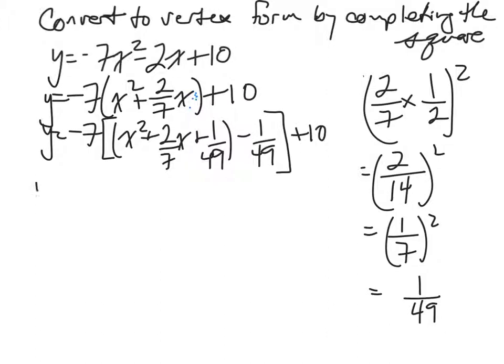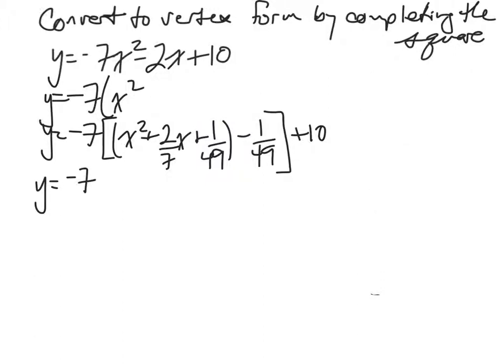Next thing I'm going to do is say y equals negative 7, and let's clean up, let's move 1 over 49 out, and I'm going to do a little bit of erasing here, and see what we can move out of the way so we can have a bit more workspace. I wonder if I'm going to have to delete some of this stuff here. I'll delete it.